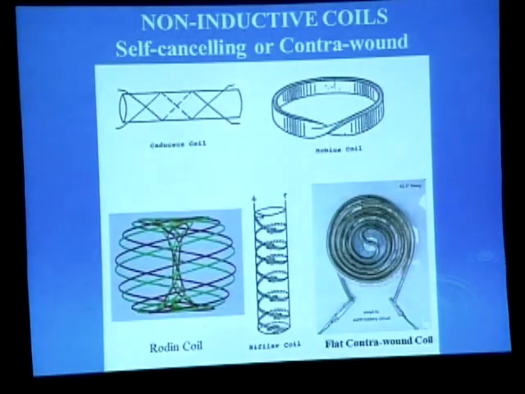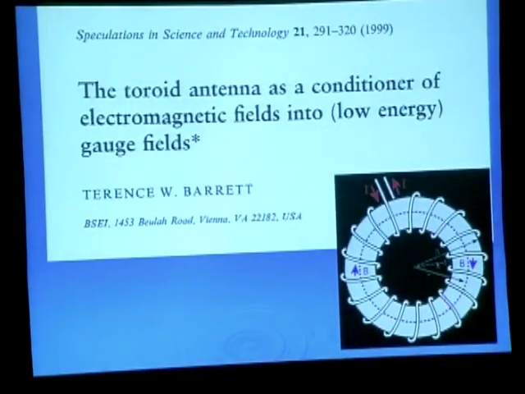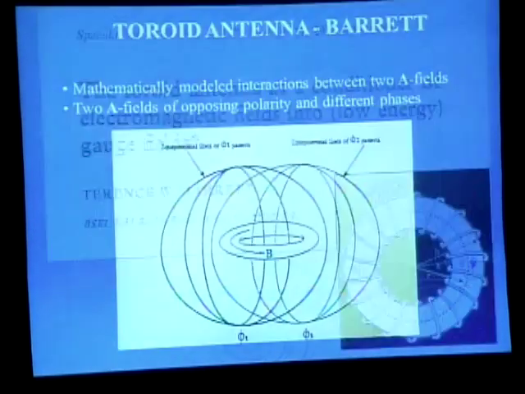Theoretically, this has been known for a long time, but it turns out there are lots of different kinds of geometries and different kinds of coils that have been used even in the electronics industry for various applications. But most of this has been rather theoretical, and this particular paper is a theoretical paper describing the nature of the fields that are generated from a toroid, for example.